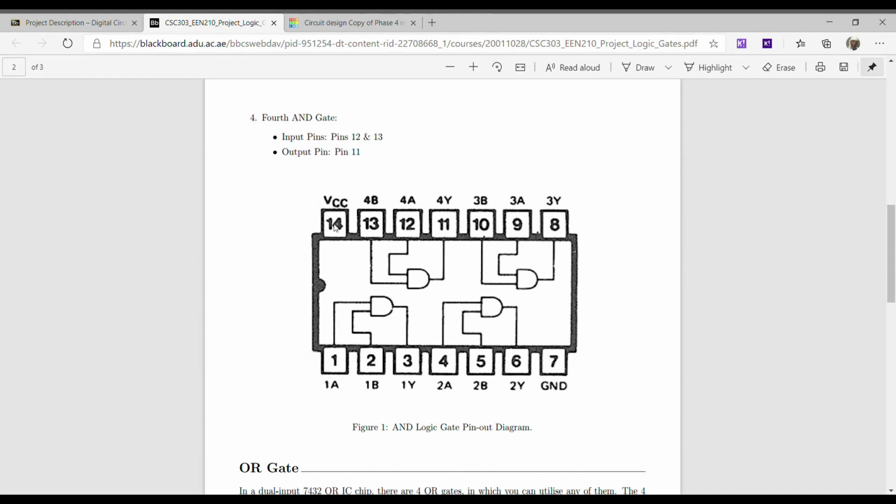The first pin is VCC, which is power. Then two inputs and an output, two inputs and an output, two inputs and an output, and ground. So basically we have four AND gates with two inputs and one output.